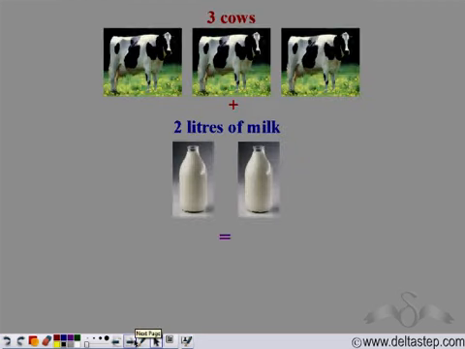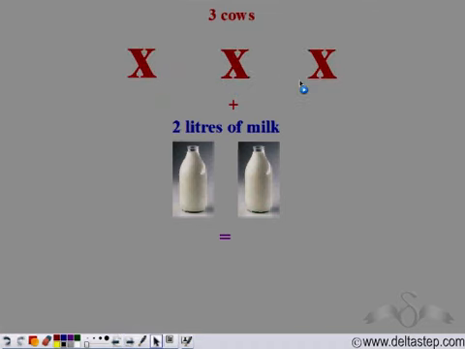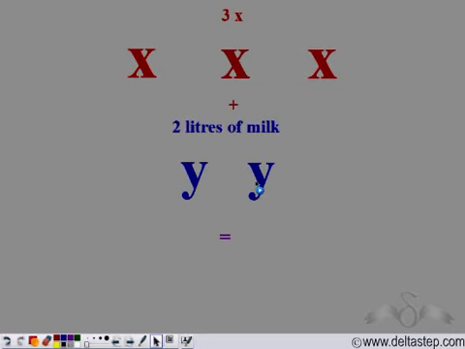But if there are 3 cows and I ask you to add 2 liters of milk to it, will you be able to add it? No. So if I represent a cow by an X, I have 3X here. I represent 1 liter of milk with Y. So I have 1Y, 2Y. I have 2Y here.